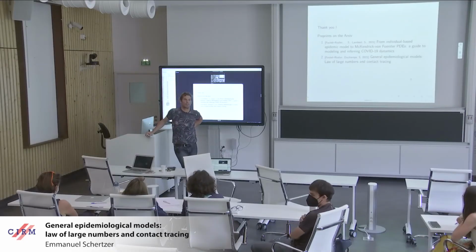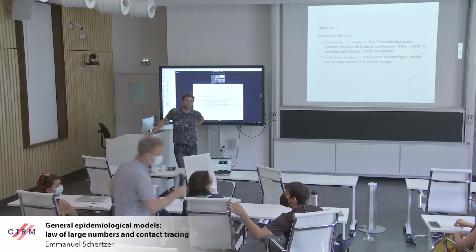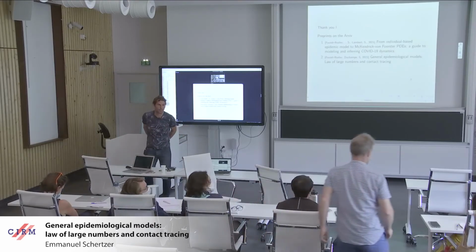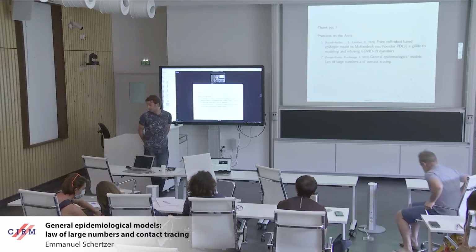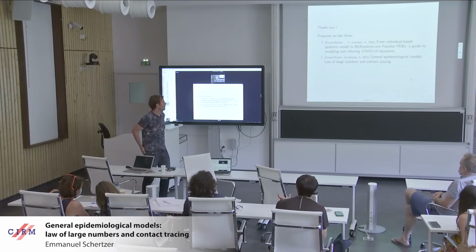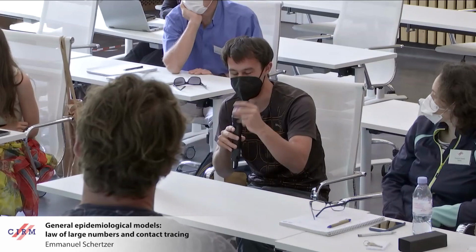Other questions? Yes, maybe the last one. Looking at the last part that you presented about the contact tracing. First you had this unconditioned process, essentially, not conditional survival, and there you could derive some explicit form for how you would recover the infection process. Can you do the same in your final result?